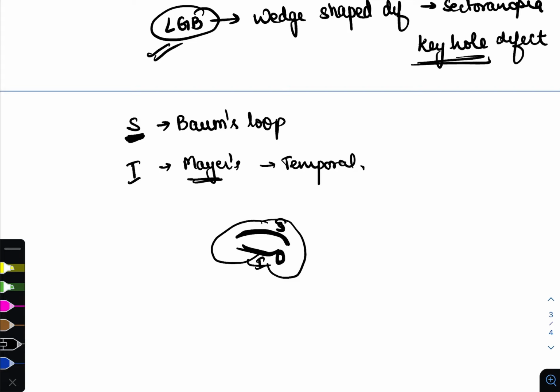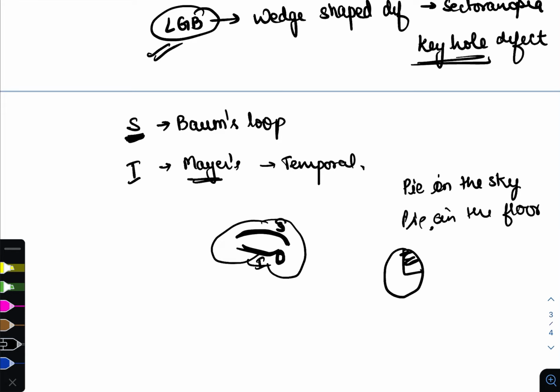And in optic radiation lesions we will see either pie in the sky or pie on the floor. Pie in the sky looks like this one, and pie on the floor looks like this.